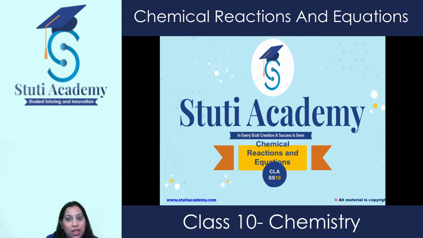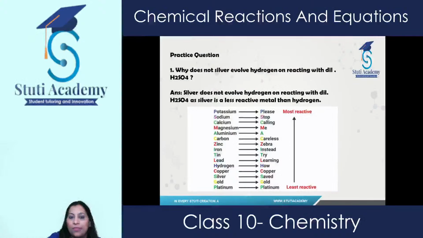So let's begin with the question answer of this chapter. What type of questions can come in exam on the basis of the topics from this chapter? First question is, why does not silver evolve hydrogen on reacting with dilute sulfuric acid?